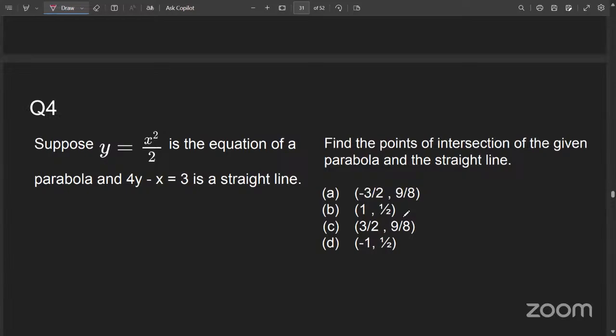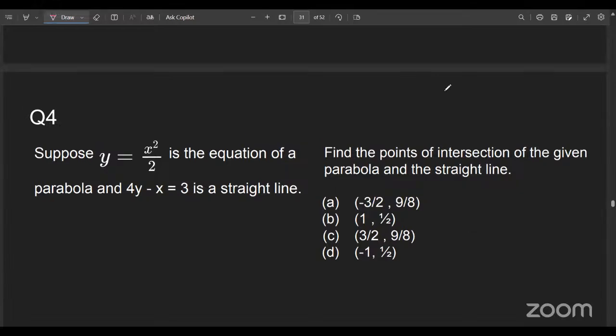I think this question is also quite easy. But yeah, you guys can answer. 6, 7 are similar.